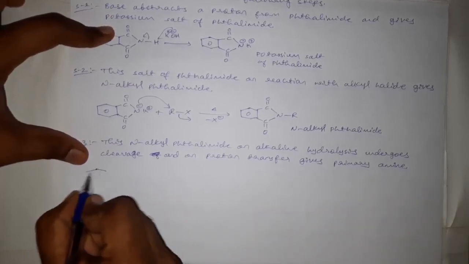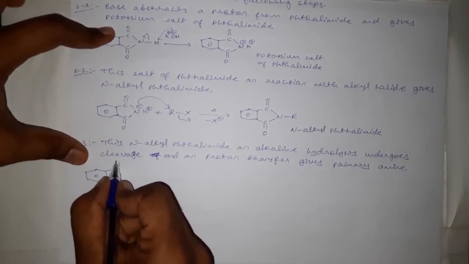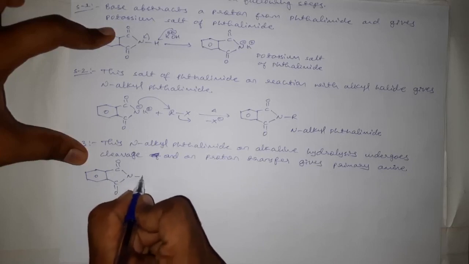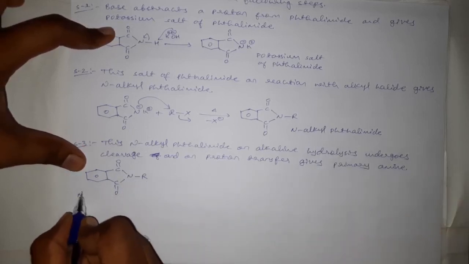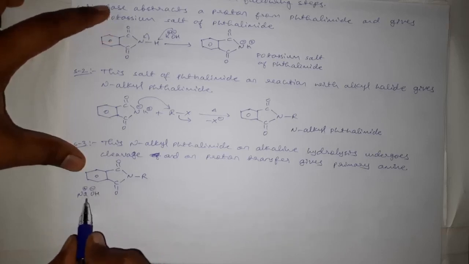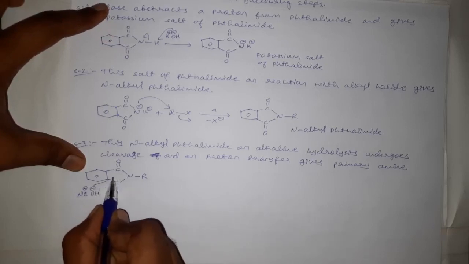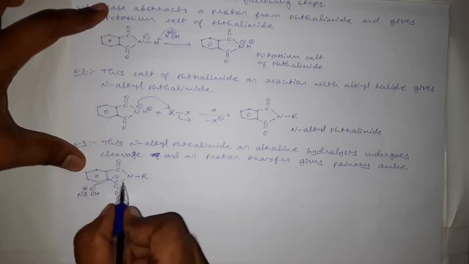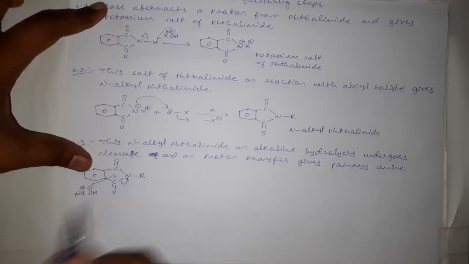See, this is that N-alkyl phthalimide, and on addition of aqueous sodium hydroxide, which is there as Na plus and OH minus, this OH minus will now attack on this carbon, and this bond will break, and the bonded electrons will now move towards nitrogen.